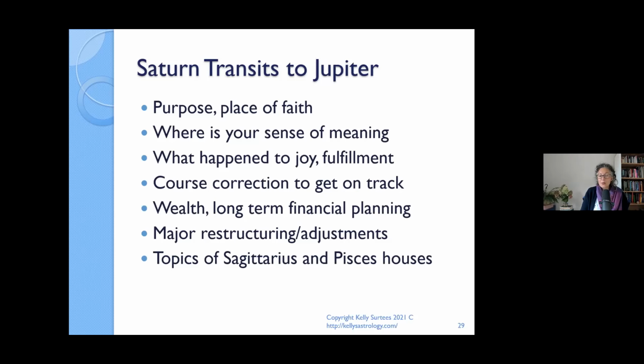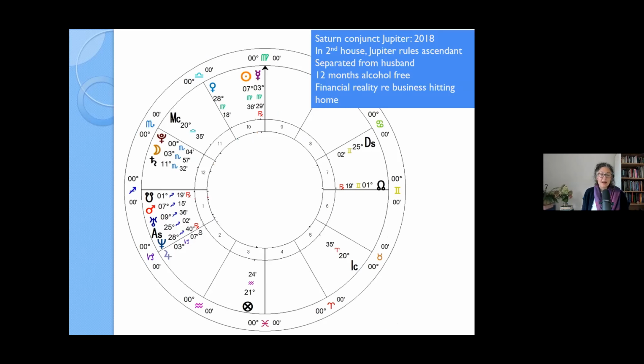So the chart that I want to share with you for this example is a chart from a client who has Jupiter in early Capricorn. It speaks to the year 2018 when transiting Saturn was coming into Capricorn and going over Jupiter in their chart. Remembering what we talked about earlier, Jupiter is in the fall condition in this chart.